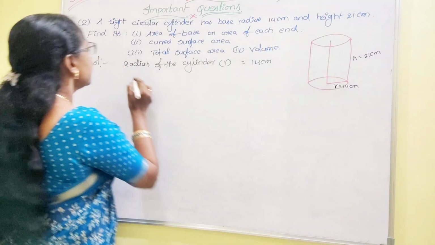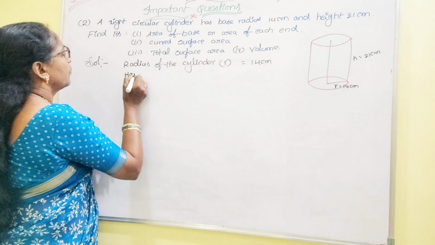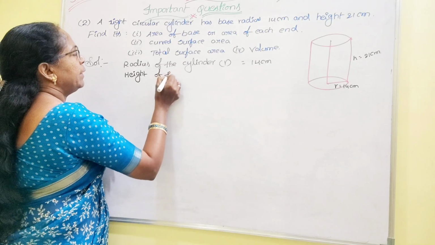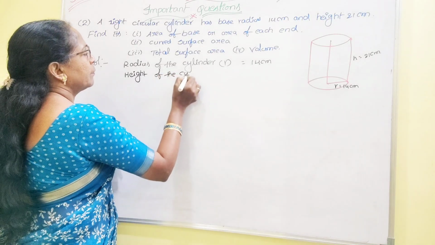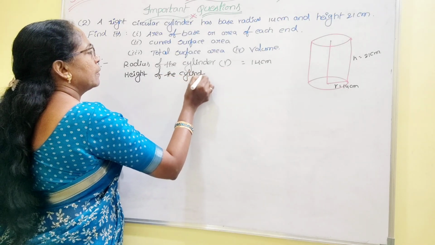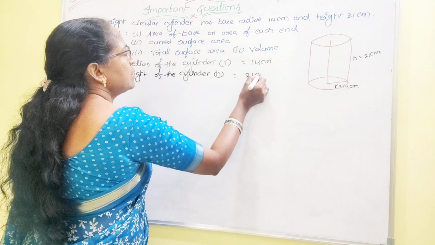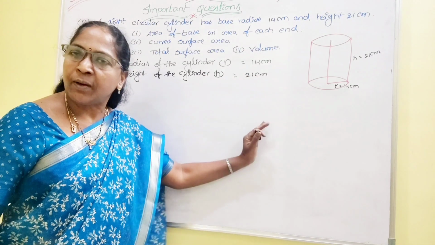Height of the cylinder, represented as H, equals 21 centimeters. These two are the given data.